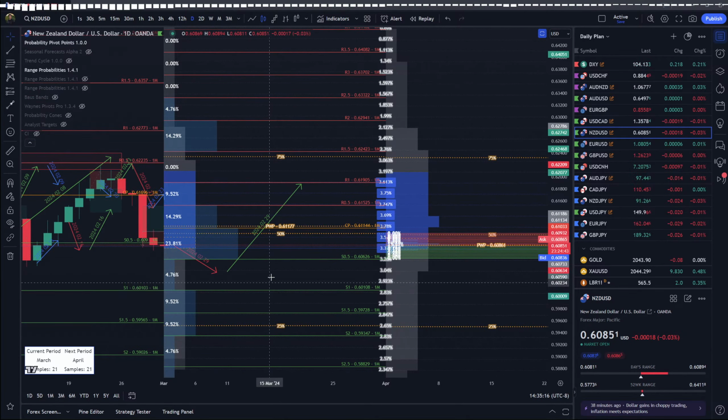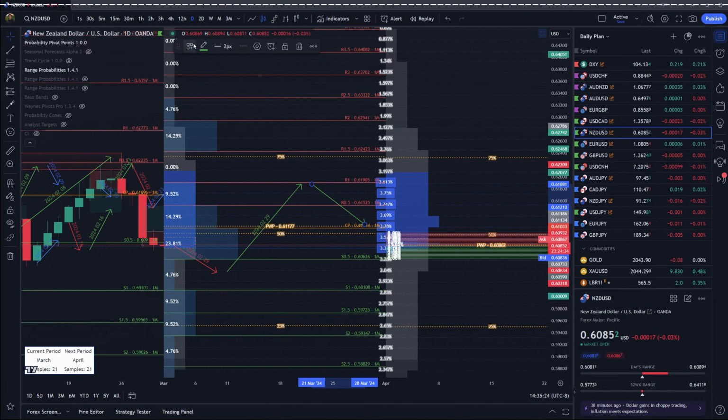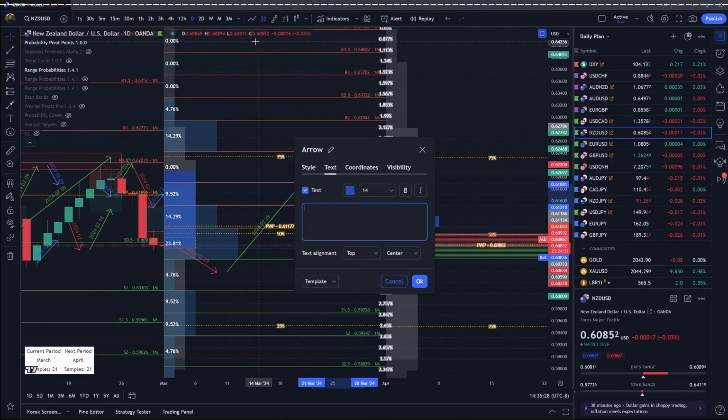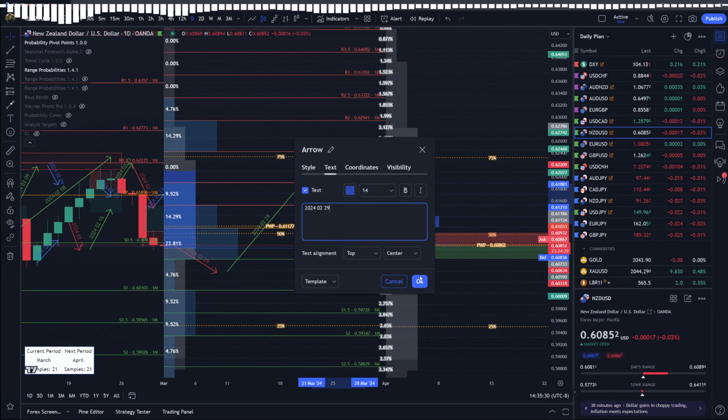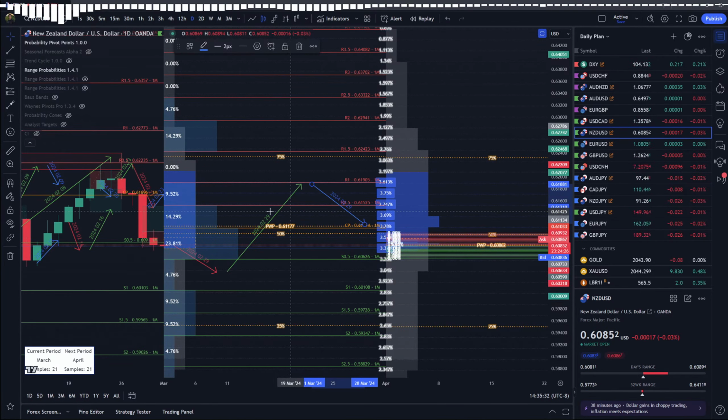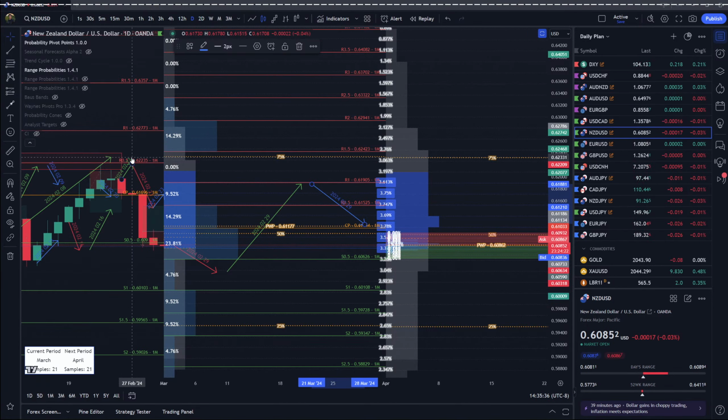Oh man, and then quite a pullback here, into the close, something like that. A lot of these dollar assets we've looked at, Australia and Euro, they all have this pullback into the close.